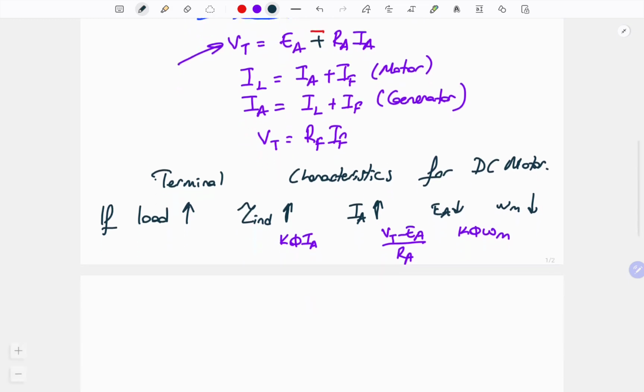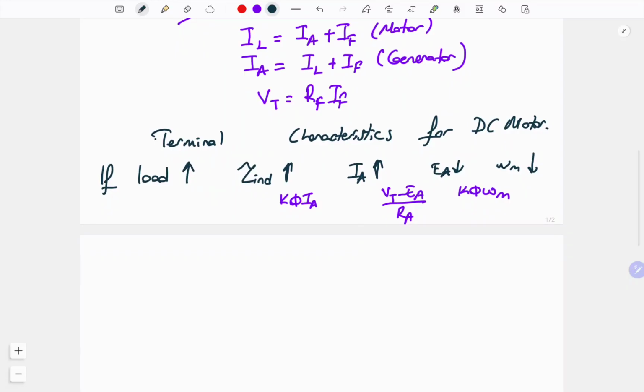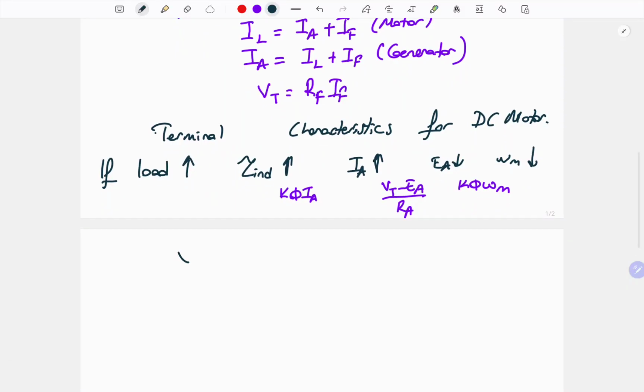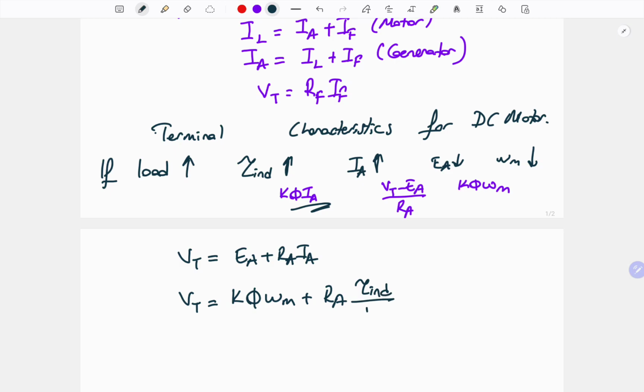To find an expression for it, we can start with the voltage expression, which is VT, EA, and RA IA. And we can write our additional expressions for EA, K phi WM, and for the armature current, the induced torque divided by K and phi.